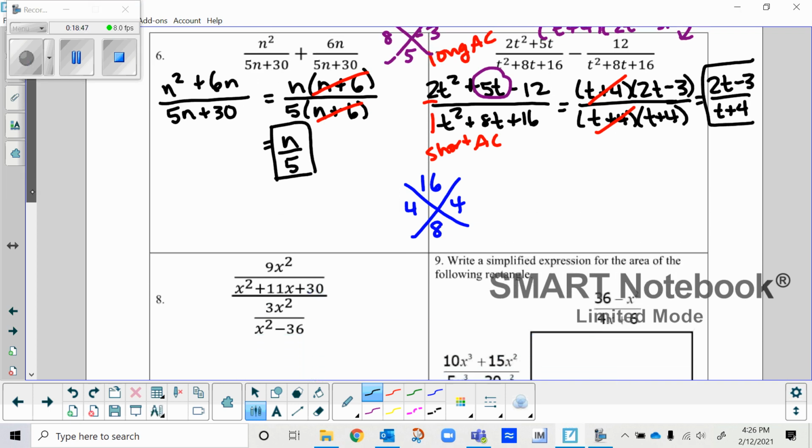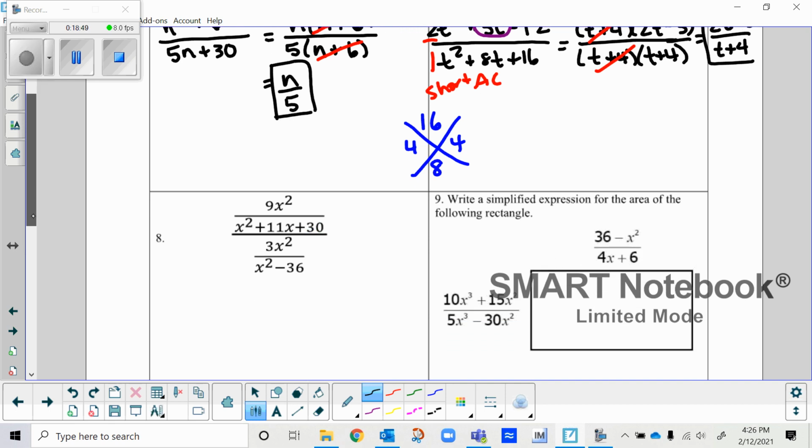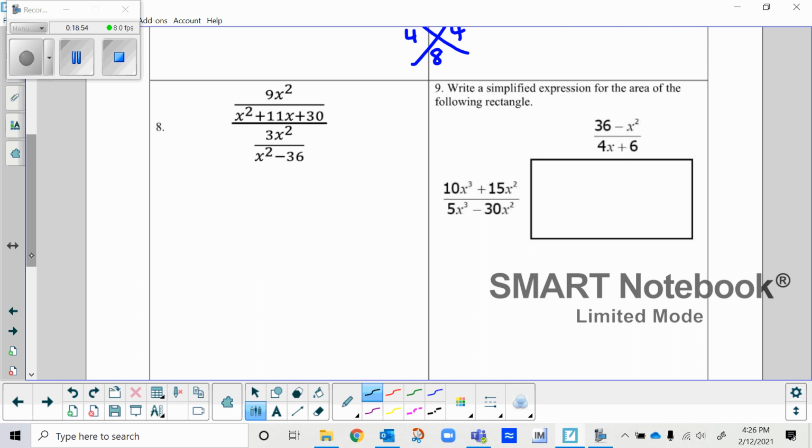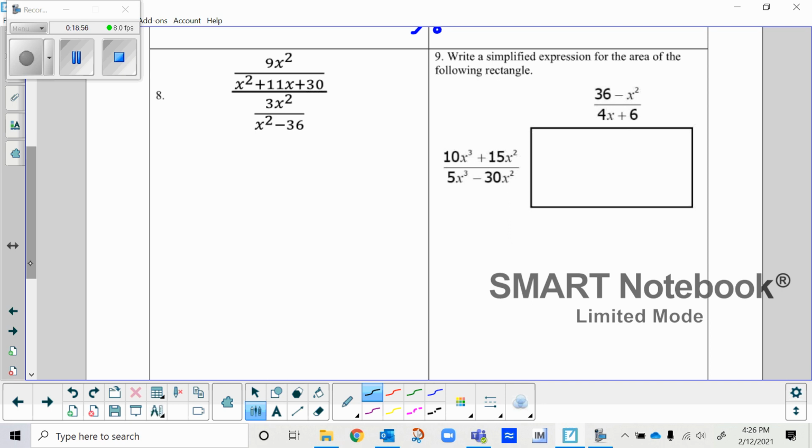All right, and number 8 down here, we have a complex fraction. Remember, that means a fraction of fractions. And the first step that we talked about last week was to rewrite this going from left to right. Right now it's written top to bottom.